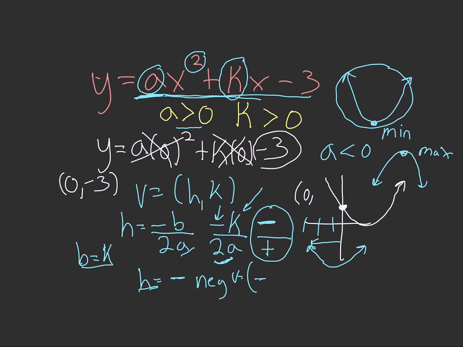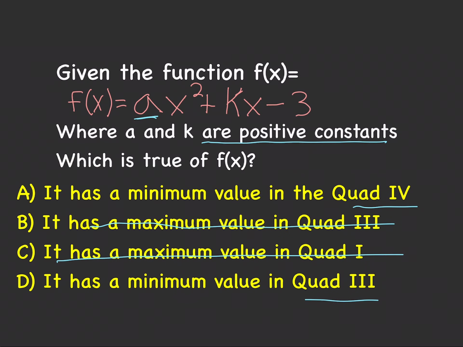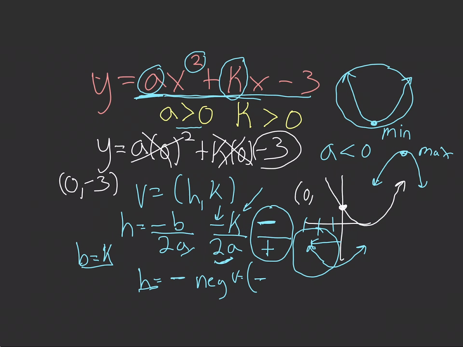So right away I figured out that the vertex and the minimum value have to be in quadrant 3. Using those techniques, I was able to find that it's in quadrant 3. Those are all very useful techniques, even when they don't give you actual numbers, for figuring out what happens with these different a, b, and c values.